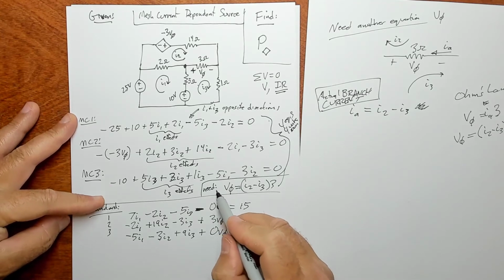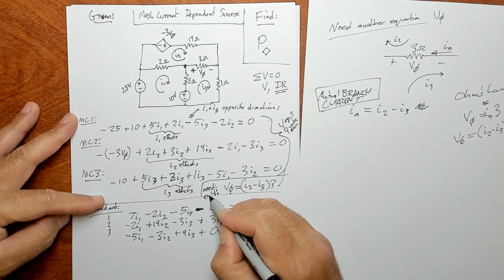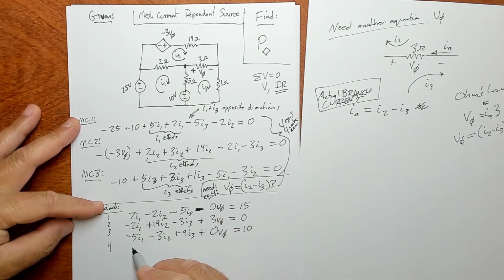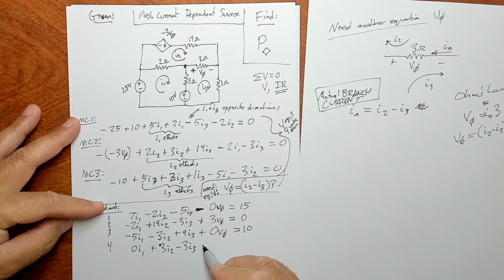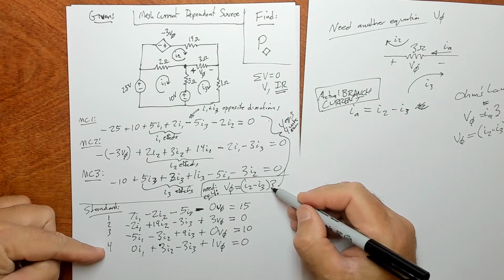Then the fourth equation, this is EQ4. Fourth equation is going to be 0 I1s and 3 I2s and minus 3 I3s and 1 V phi. It's basically this equation put in standard form.